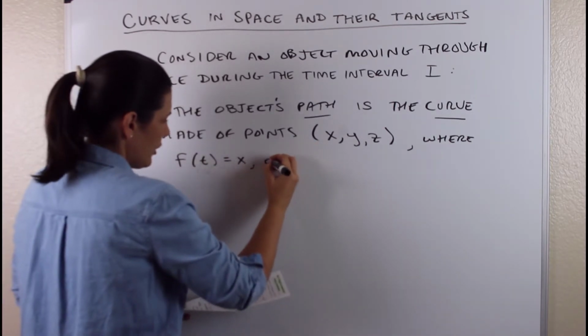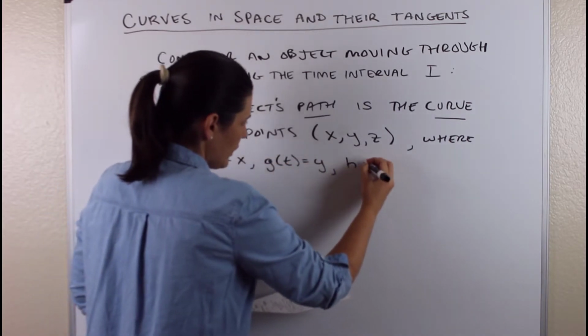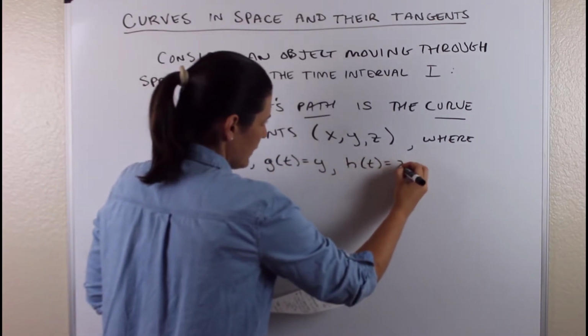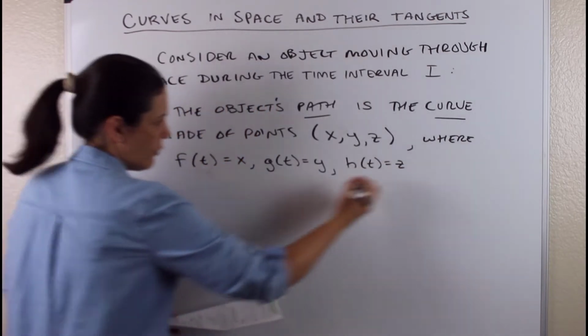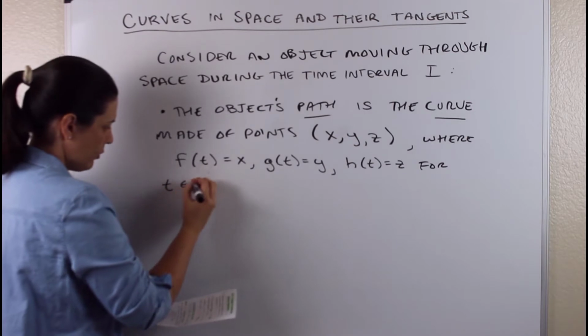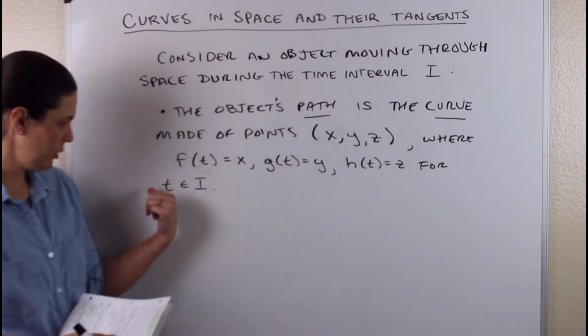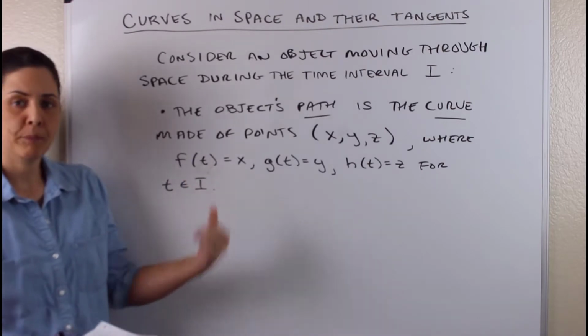And then we'll say g of t is y, and then h of t is z. Okay, and this is for t values in some interval I. Okay, so this symbol just means belongs to. So t belongs to this interval I.